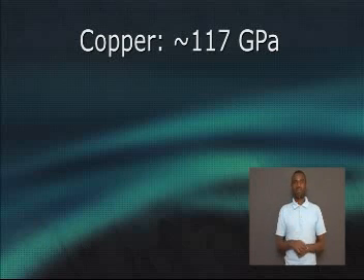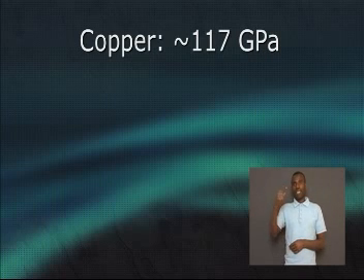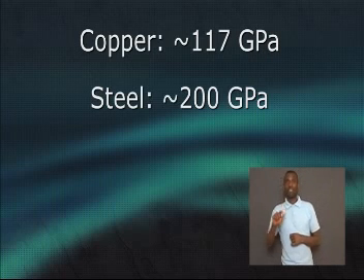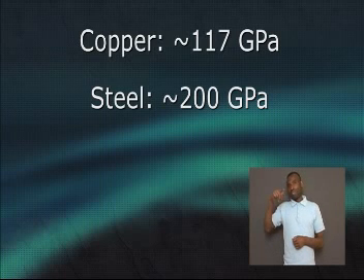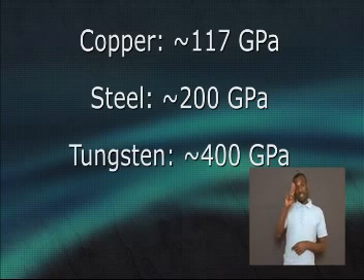For instance, the Young's modulus for copper is approximately 117 gigapascals. Compare that to steel, which is rated at about 200 gigapascals, or tungsten, which is about 400 gigapascals.